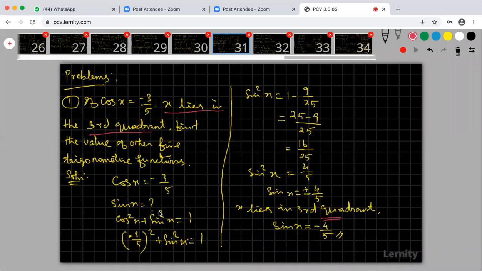Look, this is minus 3 by 5, the whole square means this is 9 over 25. 25 minus 9, what is the answer? 16 only. The square root of 16 is 4 by 5, plus or minus 4 by 5. Why 2 by 5?